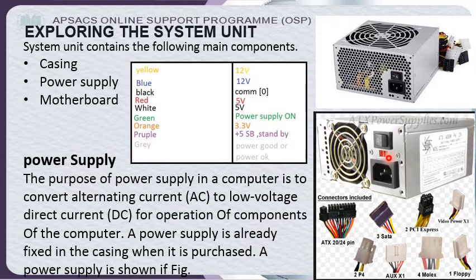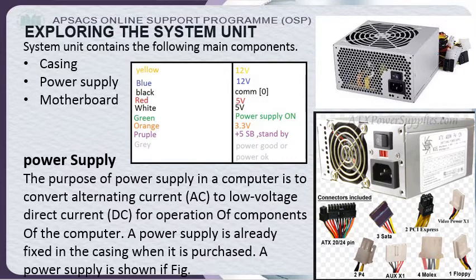Another thing, some old power supplies have one input and one output connector, where from your power supply your power can also go to your monitor or LCD. So keep in mind that the function of this power supply is to convert alternating current to direct current and produce different voltages for the motherboard and the connected devices.